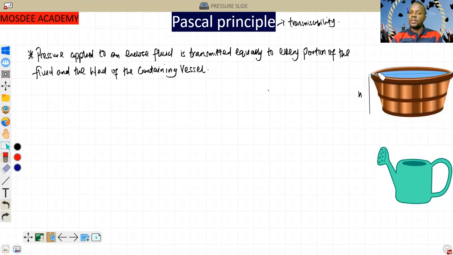Now, let's say we have this point, I'm taking point A, point B, and point C. According to Pascal, pressure at A, which we write as PA, will be equal to the pressure at B, which is PB, and will be equal to pressure at C, which is PC. So from illustration 1, we can say PA is equal to PB, which is equal to PC. So pressure at any point is always equal.